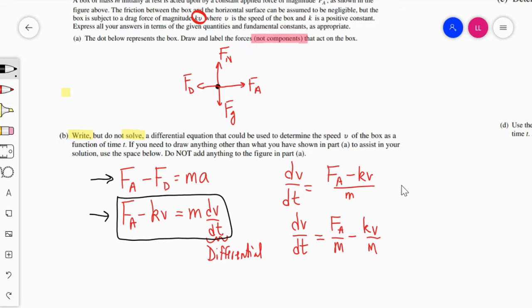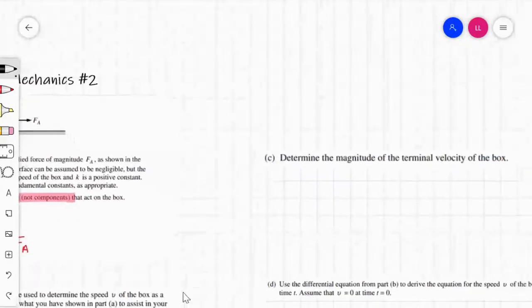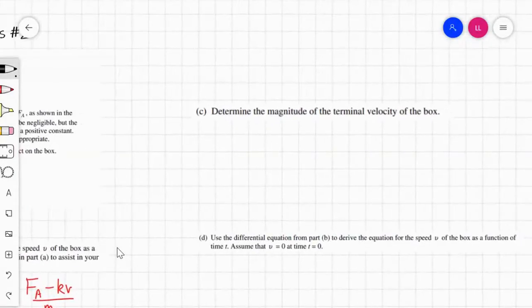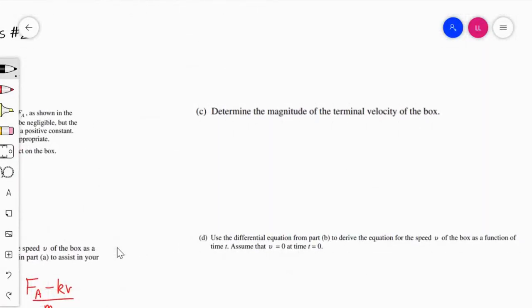Now let's go over to part C, which is very typical of this style of question. It's going to ask you for the terminal velocity, so determine the magnitude of the terminal velocity of the box. Even though it doesn't sound like this would have a terminal velocity, it does. We left off here with our differential, but remember, terminal velocity is when this term, the acceleration, equals 0.